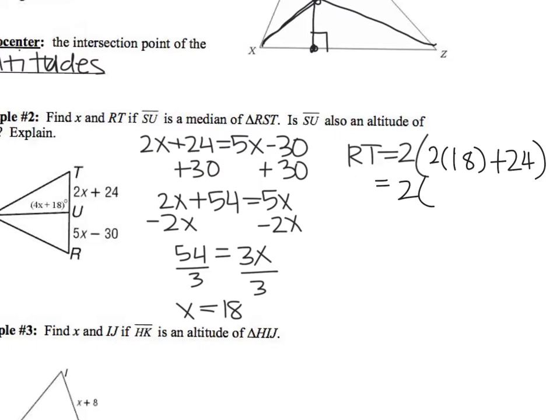So 2 times 18 is going to give us 36, plus 24. 36 plus 24 is going to give us 60. Times 2, so RT has a length of 120.